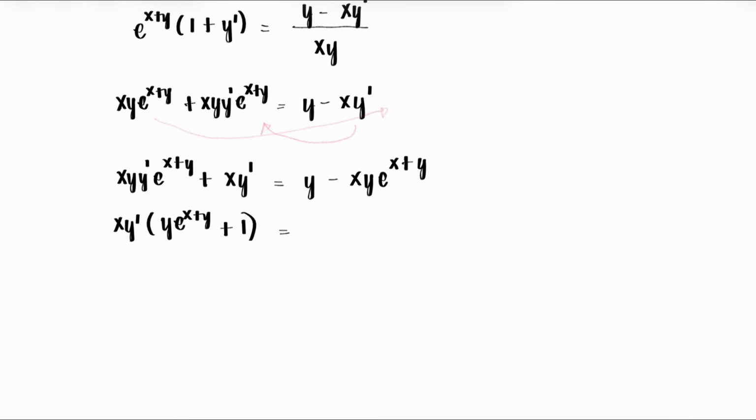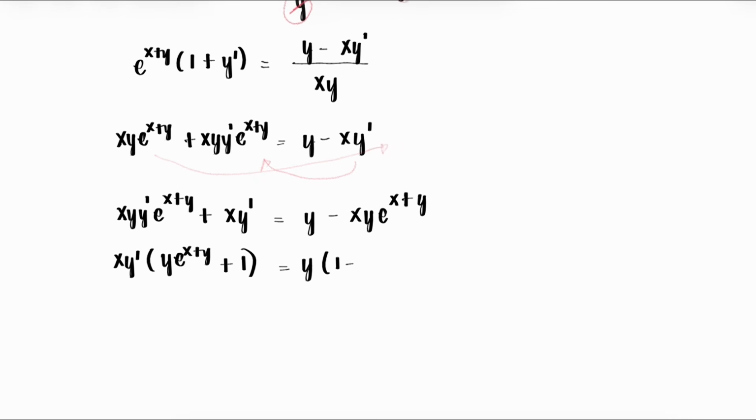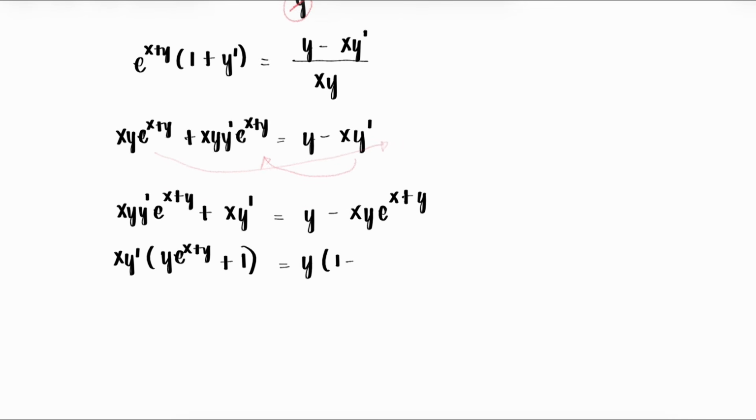And on the right side, we factor out y. We have 1 minus x e to the power of x plus y.